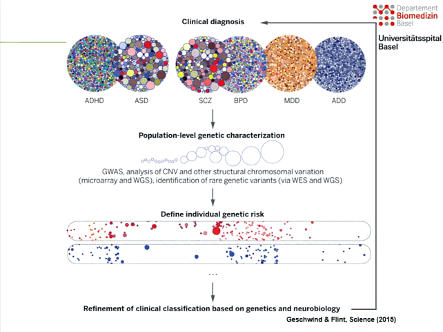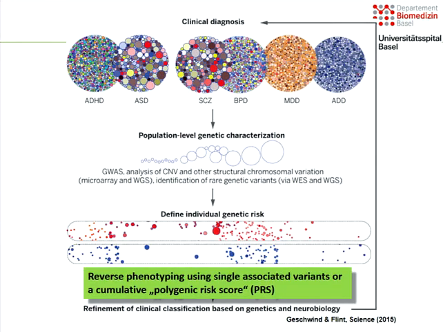Another thing that you can do is sort of reverse phenotyping using single associated variants or a cumulative polygenic risk score. So now we know, for example, for schizophrenia, by now we have 250 common variants, and you can have a look at how many of these 250 risk alleles are present in an individual, yeah?